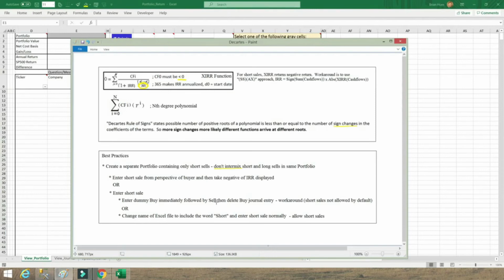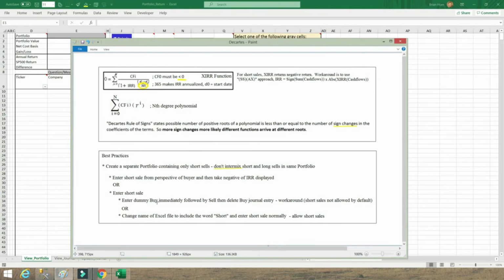With the block preventing a short sale by default built into the portfolio return application, that buy followed by a sell will be allowed. Then you refresh your portfolio, go back, and delete the dummy buy that you did in order to get the buy and sell into your journal.